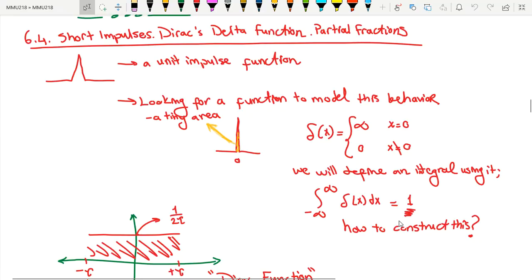So let me move on to the handwritten notes. We are talking about short impulses, a kind of a unit impulse function. So I want to develop a function such that it would represent a unit impulse function that might look something like this. But for my modeling purposes, I want to squeeze it to a tiny area, let's say around zero for now. And at zero, I want this delta x function.